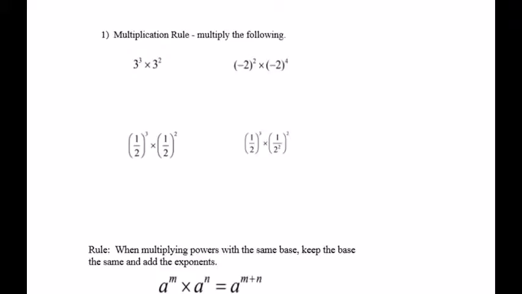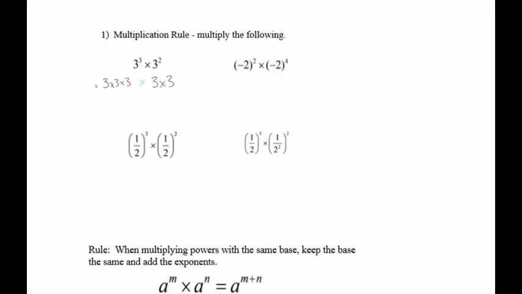So what we're going to do right now is multiply these two. In essence, you'll notice 3 cubed is basically 3 times 3 times 3, and then we're going to times that by the other 3 times 3.